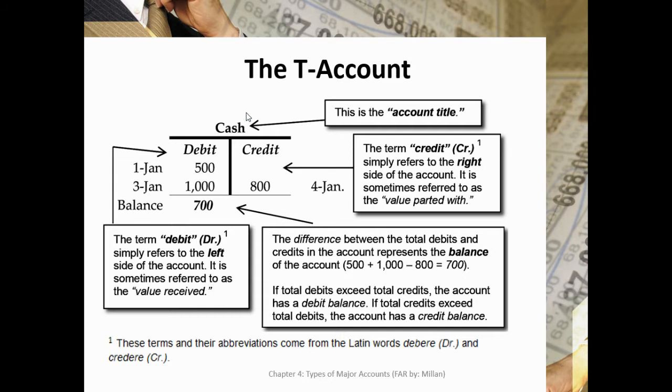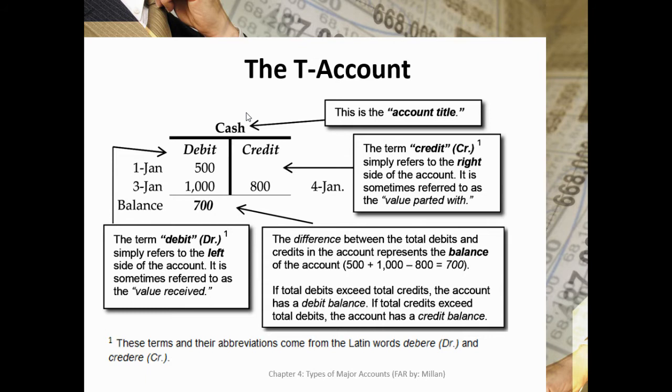Pag credit naman, or the right side of the T account, it is sometimes referred to as the value parted with. Pag value parted with, ibig sabihin, ito yung nilabas mong cash. Yun yung bawas. At the end of the T account, makikita mo yung balance.